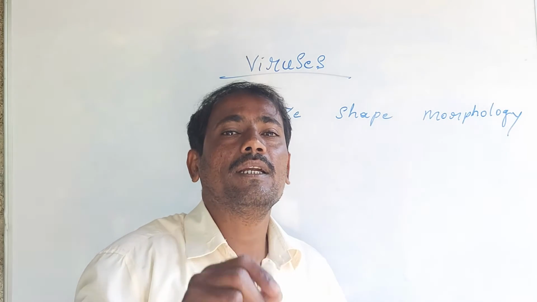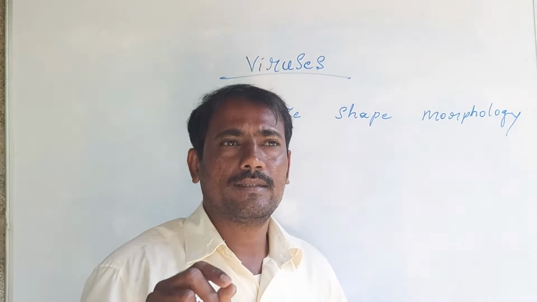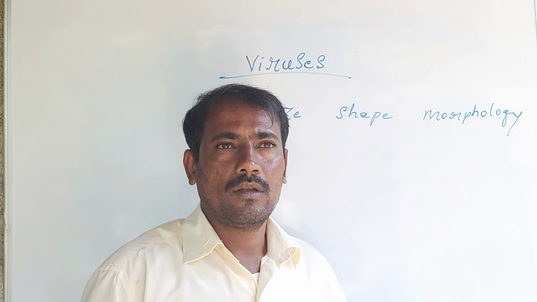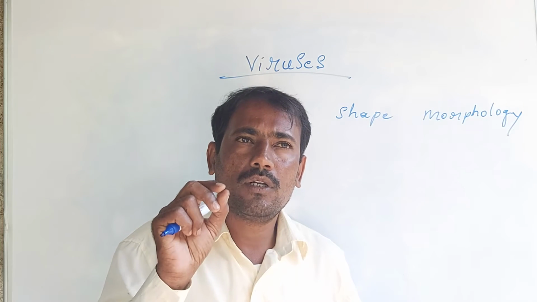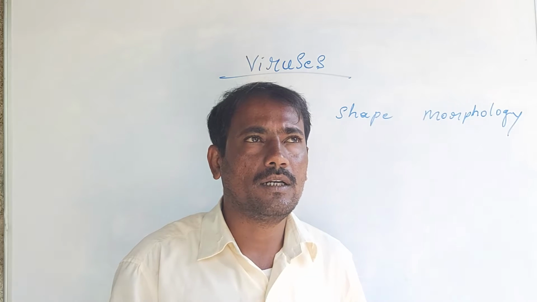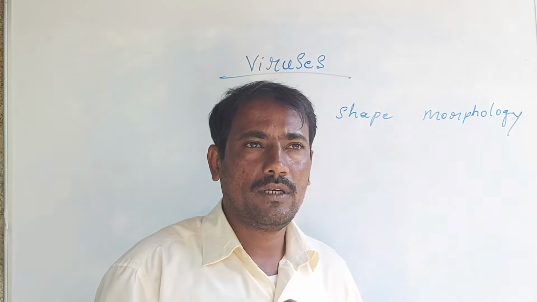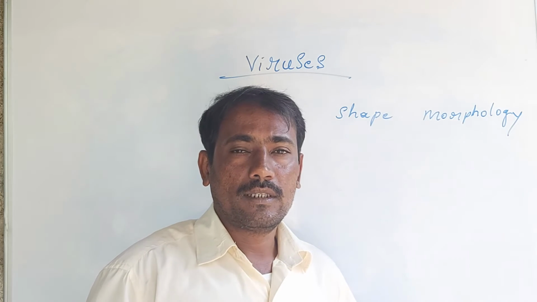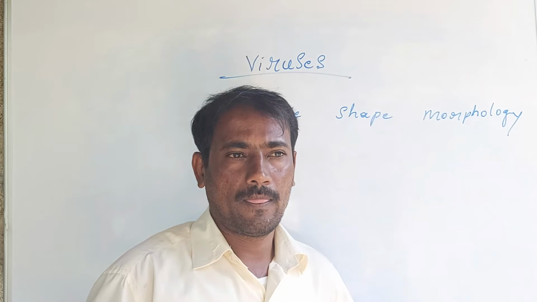They replicate inside the plant cells, tissues and organs only. Such virus particles are termed plant viruses. Then there are some viruses that infect only animals, maybe birds or various other animals, including human beings. Such virus particles are termed animal viruses.